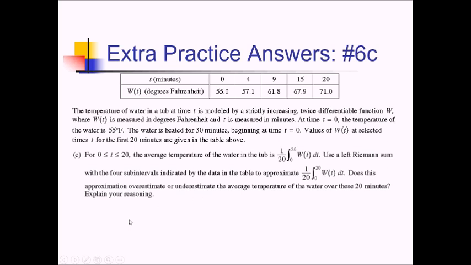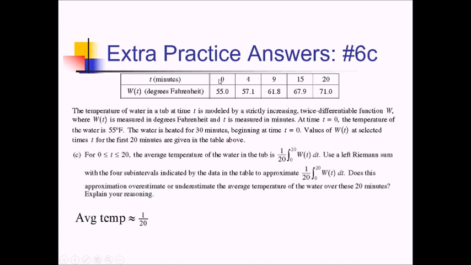So we're going to have 1 over 20 times, and now we have to open a parentheses, and we're going to have 4 rectangle areas being added together, 1 for each subinterval. So I've got the rectangle going from 0 to 4. This has a base of 4. Now I have to pick the height of the rectangle, and choosing between the left and the right height here, since this is a left Riemann sum, we always go with the leftmost height.